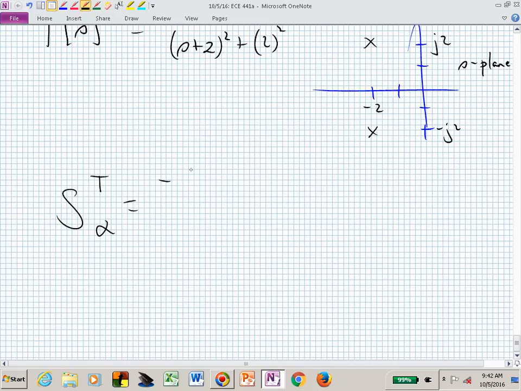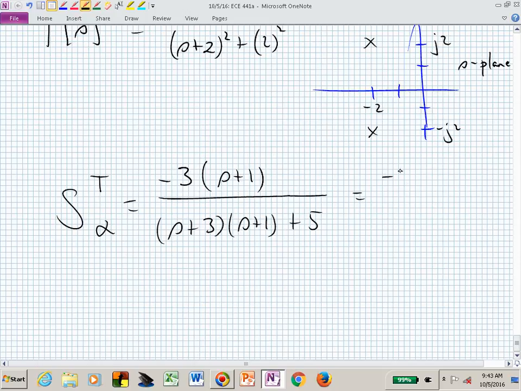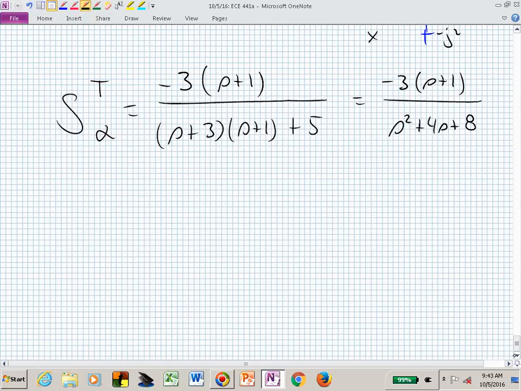Our expression was minus alpha (s plus 1) over (s plus alpha)(s plus 1) plus K, which is -3(s plus 1) over (s plus 3)(s plus 1) plus 5. Or again, that's -3(s plus 1) over s squared plus 4s plus 8. That has exactly the same poles as our closed loop transfer function.